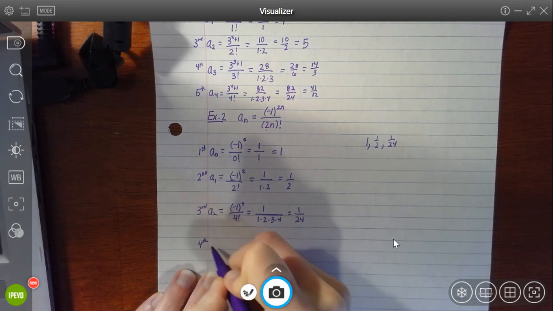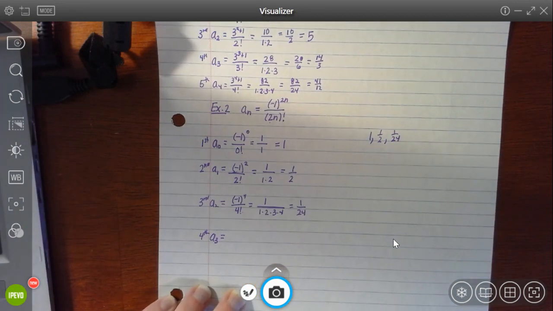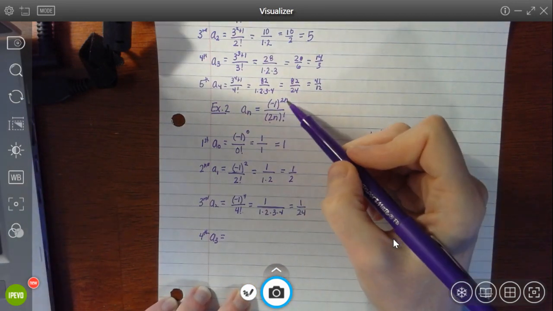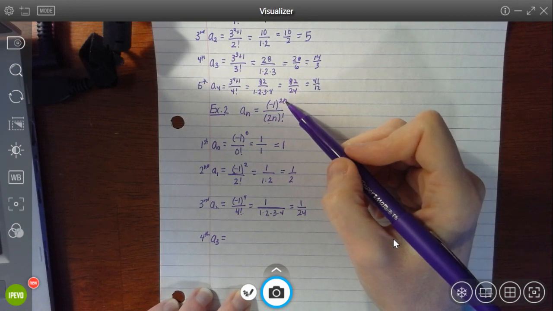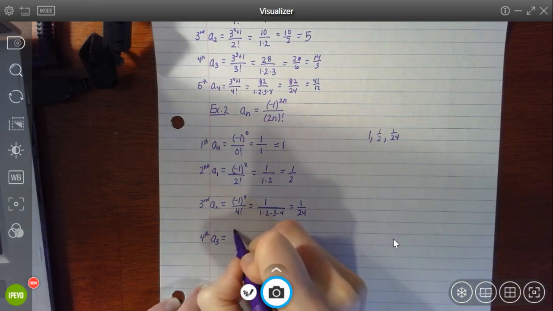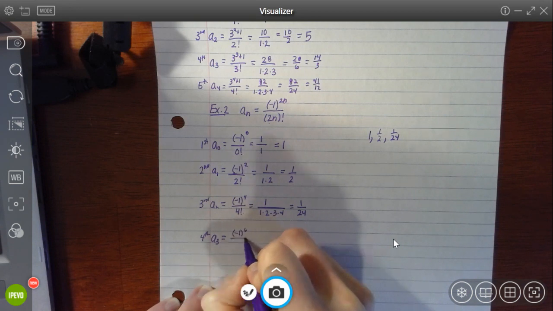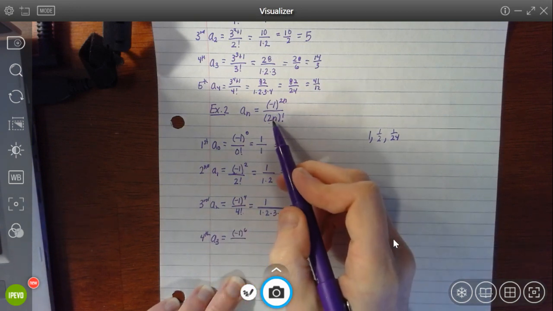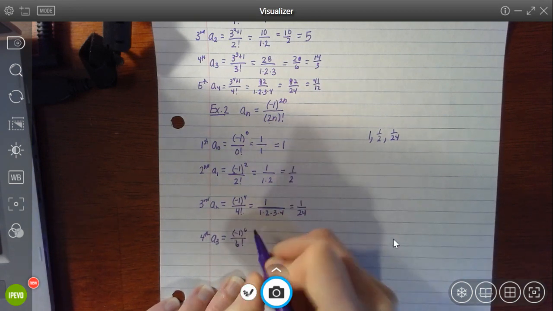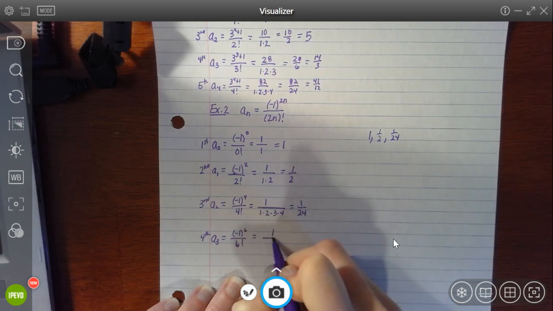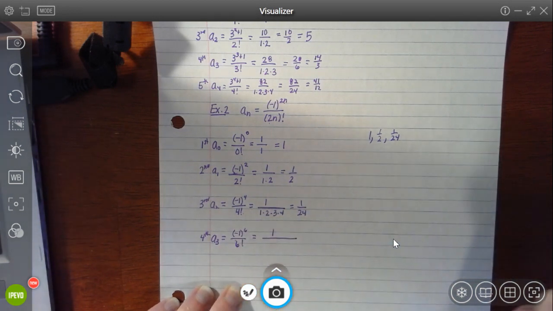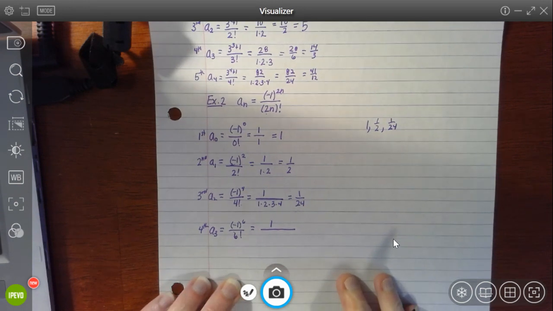So for my next one, I'm going to find my fourth term, a sub 3. I'm going to replace n's in this formula with 3. So 2 times 3 is 6, and I'm going to get in my numerator that quantity of -1 raised to the 6th. And down here, 2 times 3 is 6, so I'm going to get 6 factorial. Again, my numerator is going to stay +1, because I have -1 raised to that even power of 6.